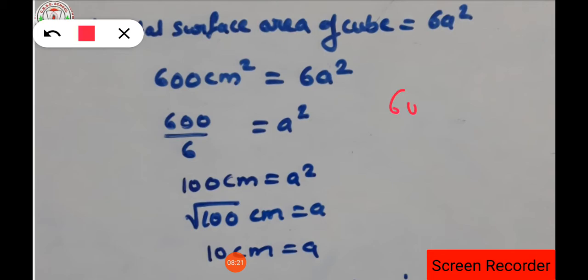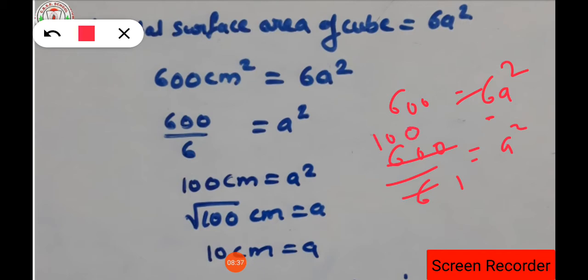So 600, the total surface area of the cube, is equal to 6a², the formula, isn't it? So this 6 will come in the denominator of 600. We will get 600 divided by 6 is equal to a². This gets cancelled by the table of 6, how many times? 100 times. And this square will come to √100 is equal to a.